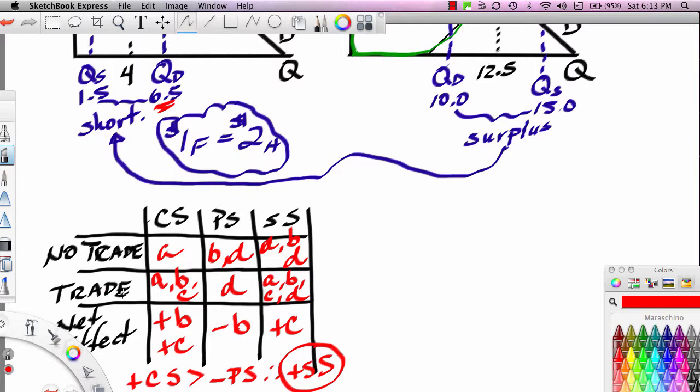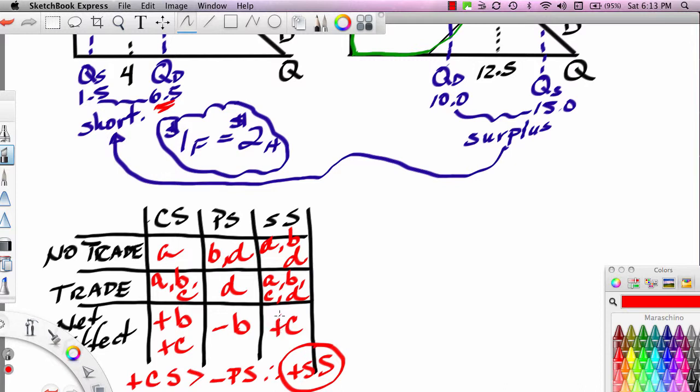Another way to say this is that the consumers won more than the producers lost. Look at the transfer of wealth from producers to consumers, but consumers also picked up this additional area C. So the consumers win more than the producers lose. Therefore, there's a net increase in societal surplus. Importing actually overall benefits the nation.